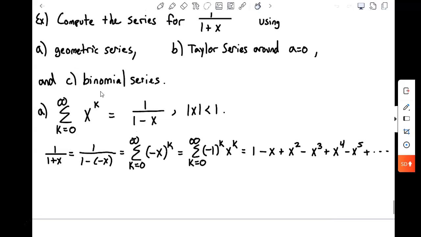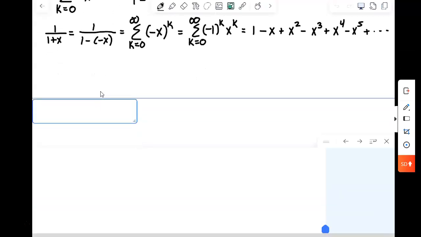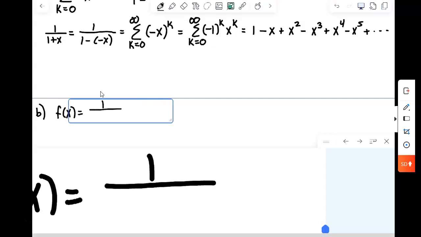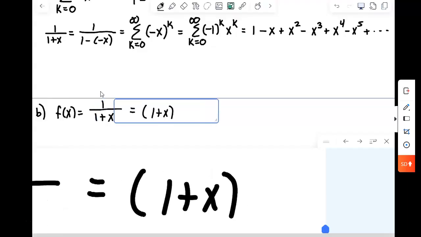Let's turn to our second option, which is to do Taylor series. So we're going to use Taylor series around a equals 0. Okay? So part B. Our function is f of x equals 1 over 1 plus x, which we could write as 1 plus x to the minus 1.